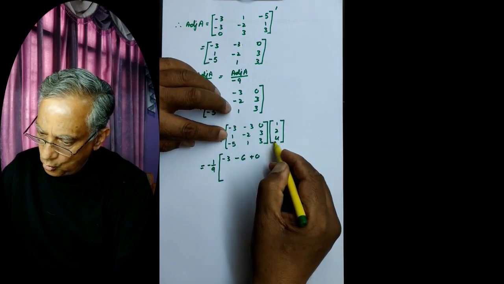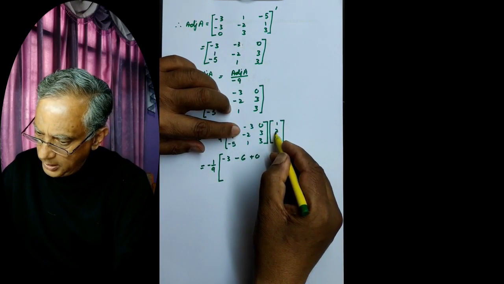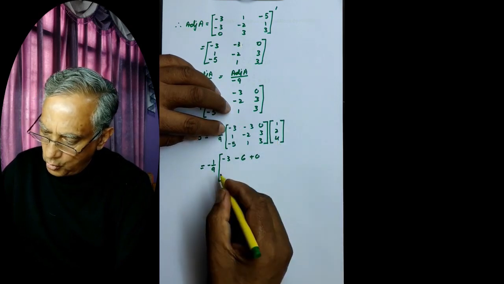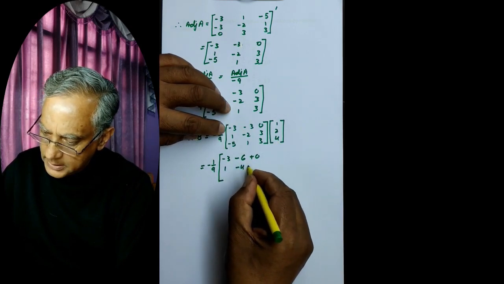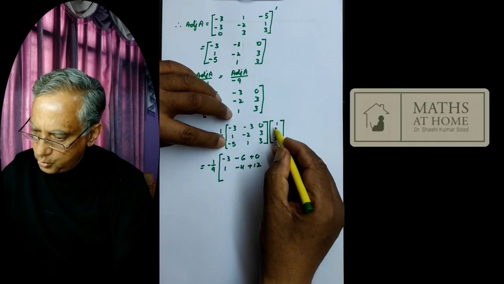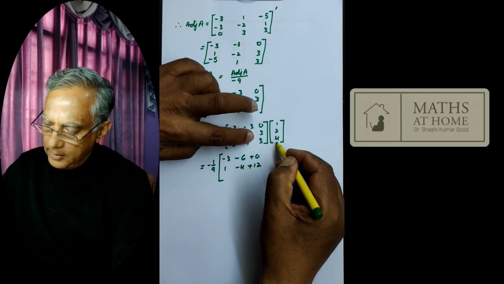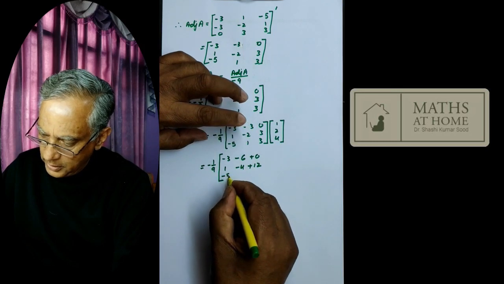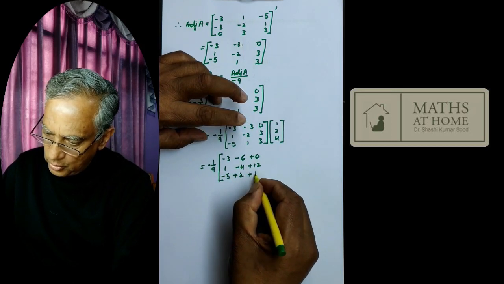This into this, 1 minus 4 and 12. 1 minus 4 plus 12. This into this, minus 5, 2 and 12.